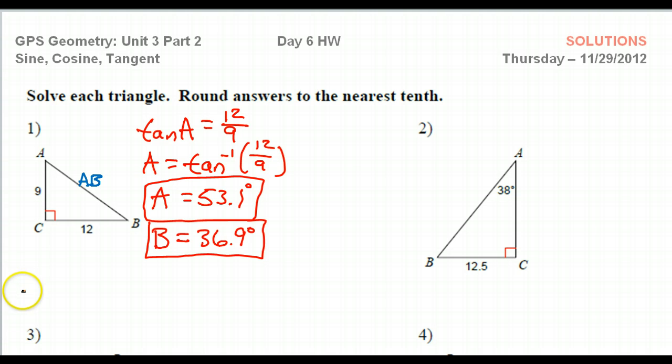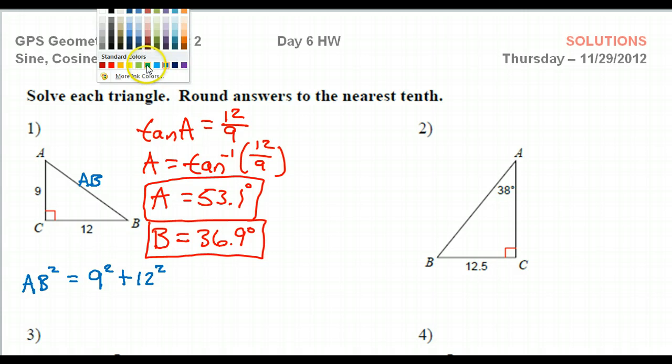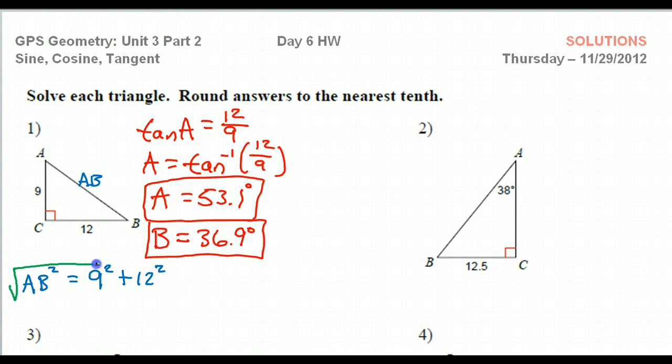So I'm going to go AB squared should equal 9 squared plus 12 squared. Then if I take the square root of both sides, that's going to give me what AB is. So AB should equal, and I'm just going to put that right in my calculator as it is.